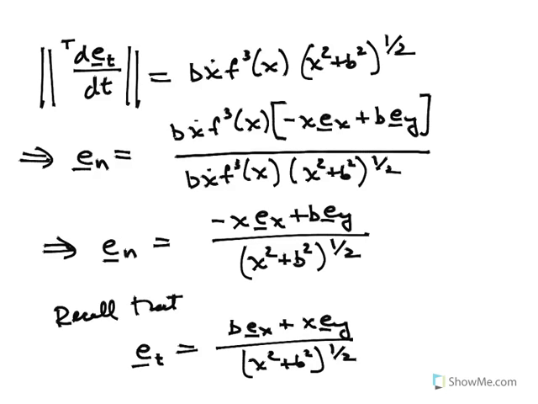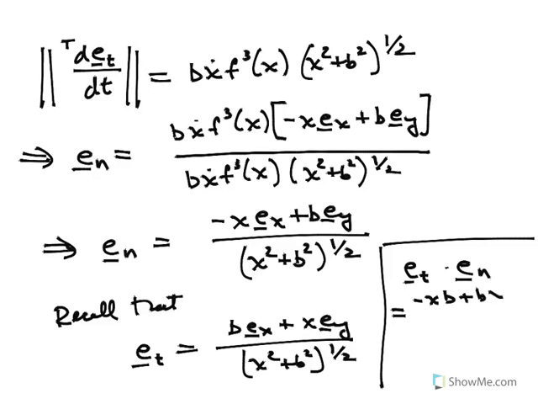And just as an aside, and you can check this yourself, et dotted with en is equal to, well, what have I got? Minus x times b plus b times x, all divided by x squared plus b squared, which is equal to 0. So these two vectors are indeed orthogonal to one another, and those are the two vectors.